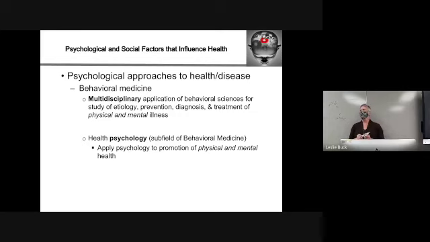Turns out physical health is also a result of an interaction between biological, psychological, and socio-environmental factors. Health and wellness, whether you're talking physical or psychological, is a result of these interacting factors.